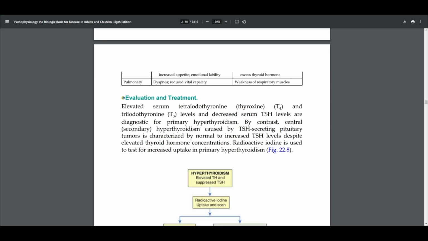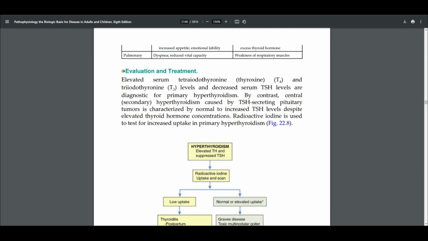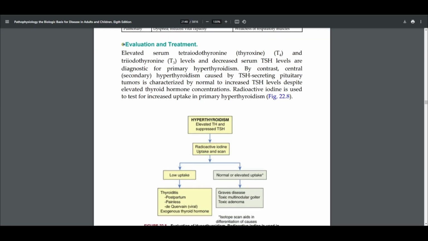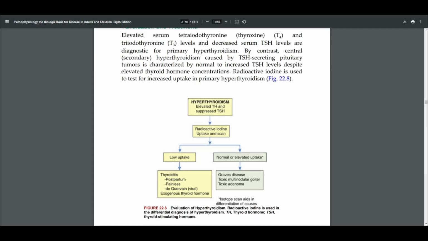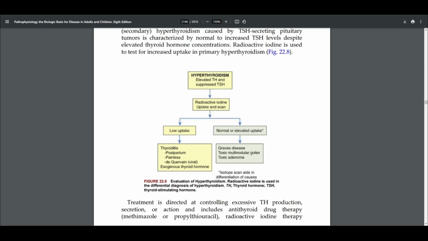By contrast, central, or secondary, hyperthyroidism, caused by a TSH-secreting pituitary tumor, is characterized by normal to increased TSH levels, despite elevated thyroid hormone concentration. Radioactive iodine is used to test for increased uptake in primary hyperthyroidism.